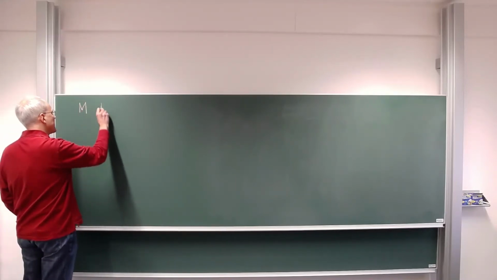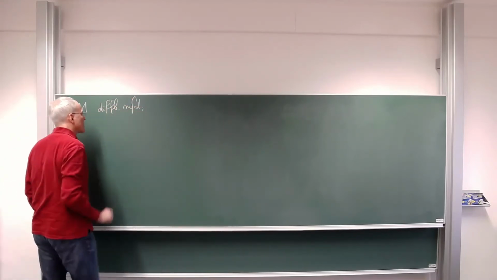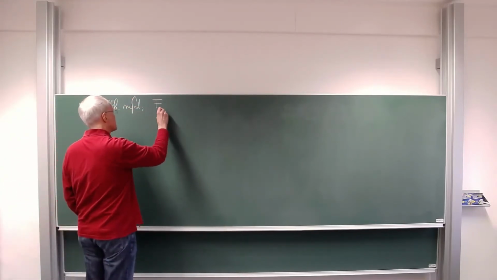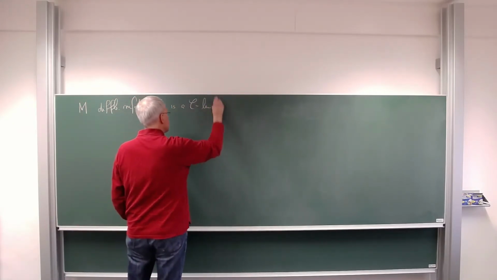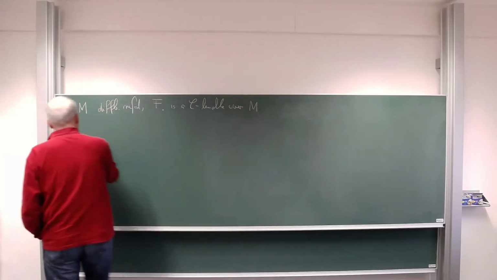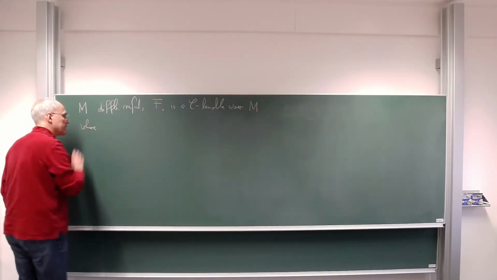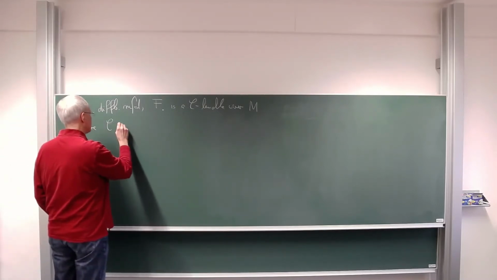M is a differentiable manifold, and F is a C bundle over M, where C is one of the categories of linear vector spaces. So that might be one of the following categories.